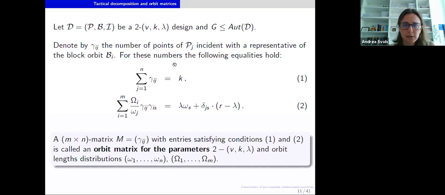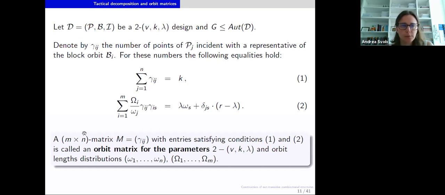The first condition says that if you sum all numbers gamma ij, when j goes from 1 to n, you will get k. And the second one gives us a condition that also has lambda inside. So remember that these 2 conditions are the ones that are connected with 2-(v,k,lambda) designs.